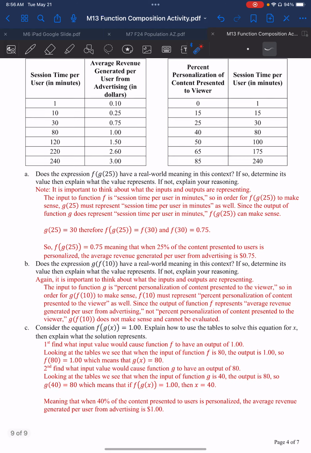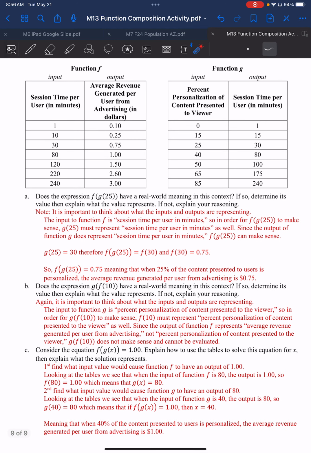So now let's look at the other way around. The next question says, does the expression G at F at 10 have a real world meaning? Let's look at what inputs and outputs are represented. F at 10 is the output of the F function when the input is 10. The output of the F function is average revenue generated.